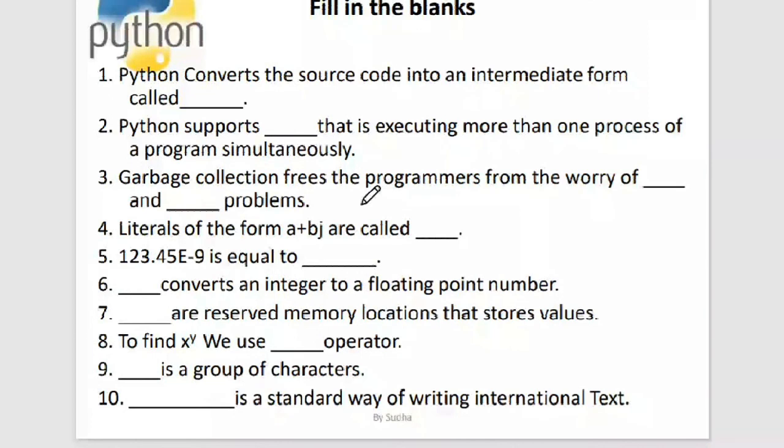Okay, so literals of the form A plus Bj are called complex numbers. Okay, so what is 123.45 E minus 9 equivalent to? 123.45 into 10 power minus 9. Very good. So what is the answer for the sixth one? Dash converts an integer to a floating point number.